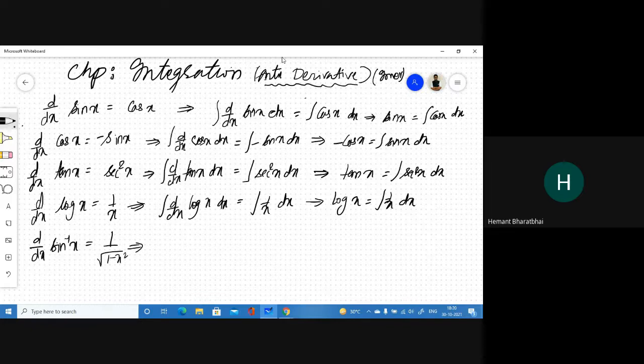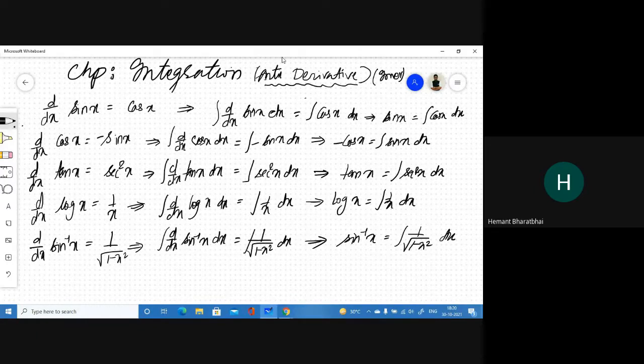So again taking integration on both sides, integration of d dx of sine inverse of x dx, integration of 1 upon under root of 1 minus x square dx will be equal to, so here again derivative and integration get cancelled, so what remains here is only sine inverse of x. I'll get sine inverse of x is equal to integration of 1 upon under root of 1 minus x square.